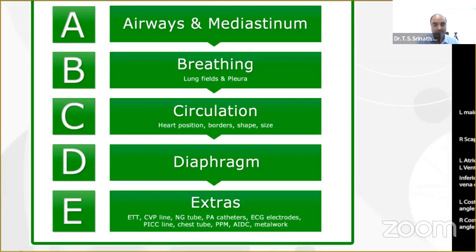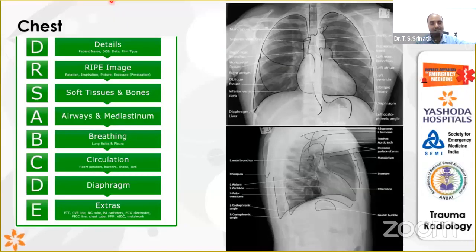That may be the next thing we may see in our future treatment protocols. But my only request is: resuscitate the patient, and only then think about all these modalities of getting the radiological investigations. Next slide, please.